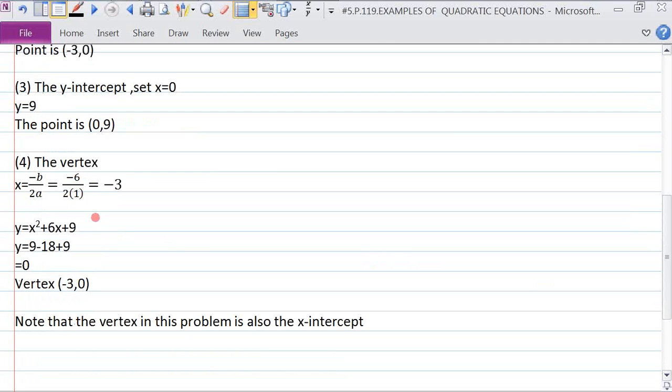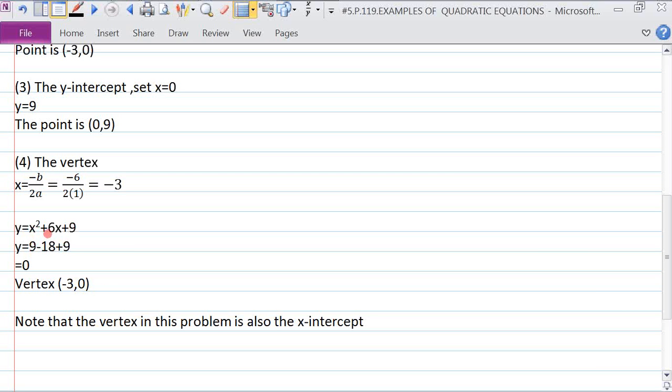The final thing is the vertex. We know that the x value is minus 3, from minus b over 2a. That gives us the axis of symmetry, the equation of the axis of symmetry. If we plug minus 3 into this equation, we get 9.